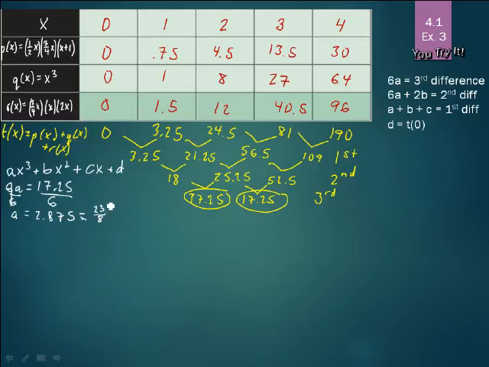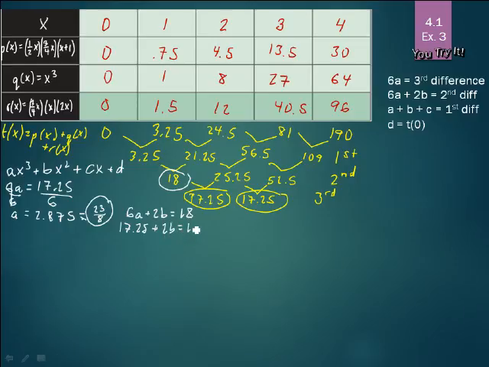And now let's find our b value. So we know 6a plus 2b is equal to the second difference, coming from 0 and 1 going to the side where x gets bigger. So it's basically just our second difference that we have. That will equal 18. So 6a, we just saw, is equal to 17 and 25 hundredths, plus 2b equals 18.